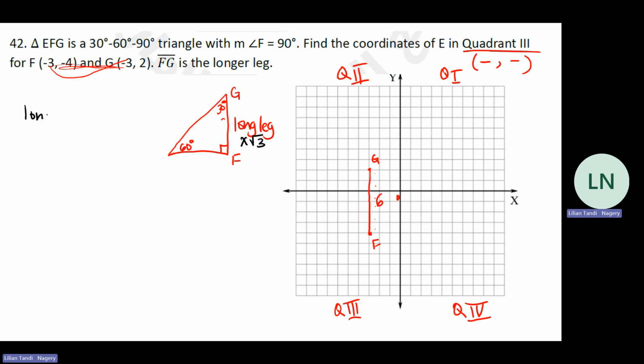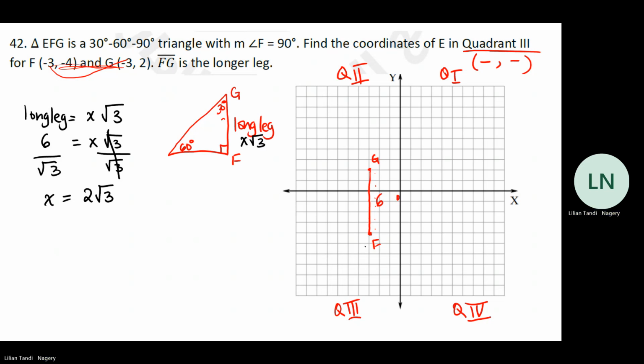So we will write here, long leg is x square root 3, which is also 6 boxes. Okay, so to find x, I will divide by square root of 3. The square root of 3 goes away. That should give me 2 square root 3. So this is x equals 2 square root 3.